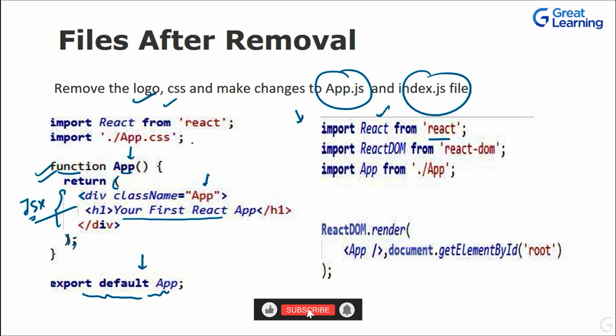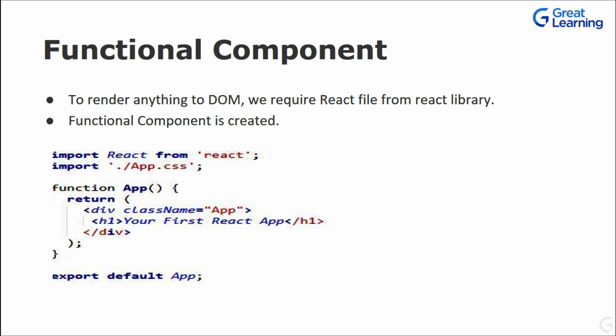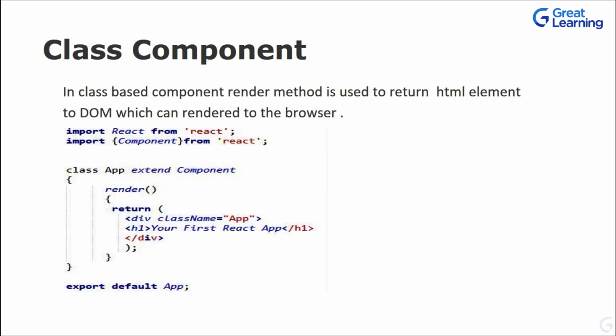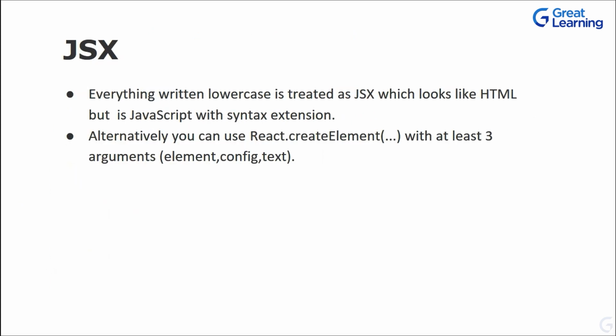Since, as you can see, we are returning something here, internally there is different code that is there, which is createElement. As you can see, this is the functional component, and this is the class-based component. When we are returning something, internally we are using React.createElement.